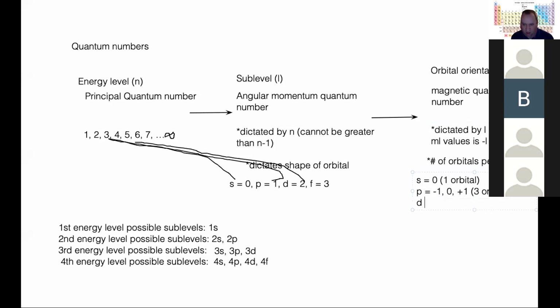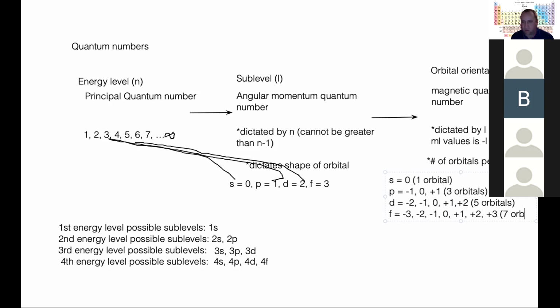For d, I have -2, -1, 0, 1, and 2, which means there are 5 orbitals in that sublevel. And finally for f, I've got -3, -2, -1, 0, 1, 2, 3, 7 orbitals in total.